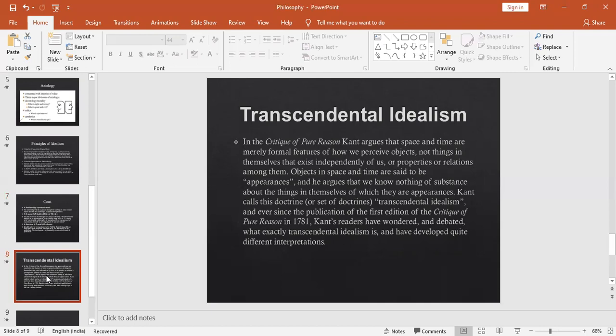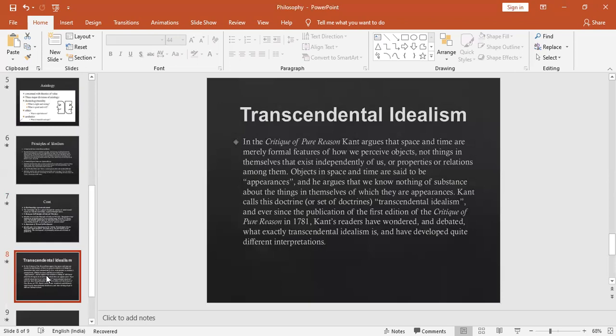Space and time are merely formal features of how we perceive objects, not things in themselves that exist independently of us, or properties or relations among them. Objects in space and time are said to be appearances. And he argues that we know nothing of substance about the things in themselves of which they are appearances.